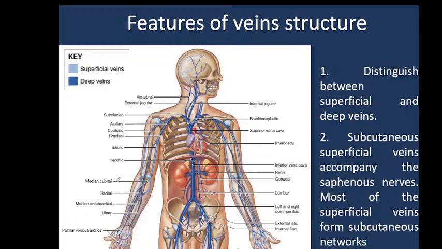Here in the picture the superficial veins are colored light blue, and the deep veins dark blue. Mostly we can see superficial veins under the skin in the upper and lower limb.